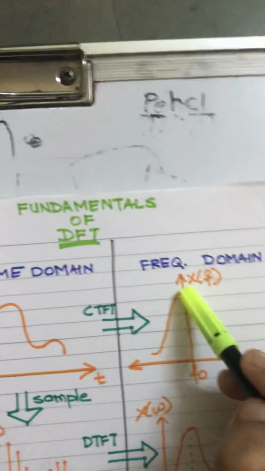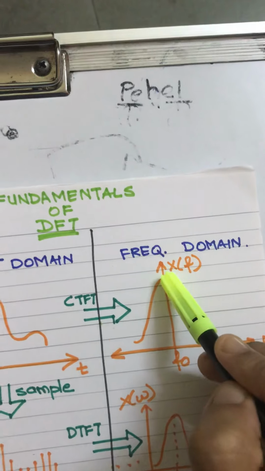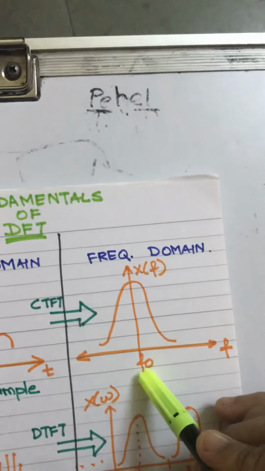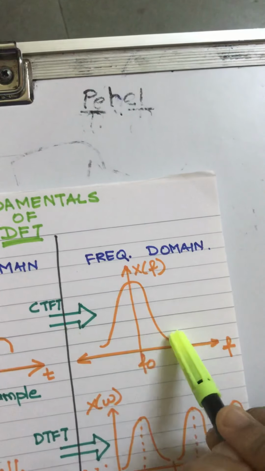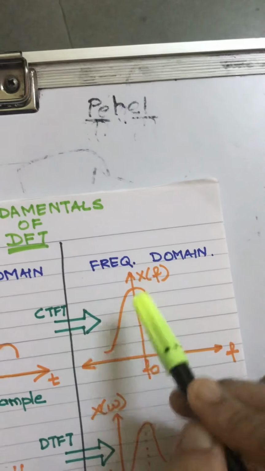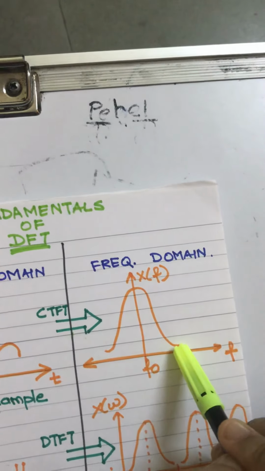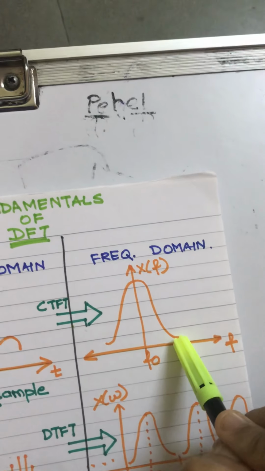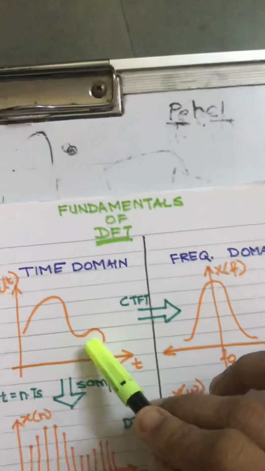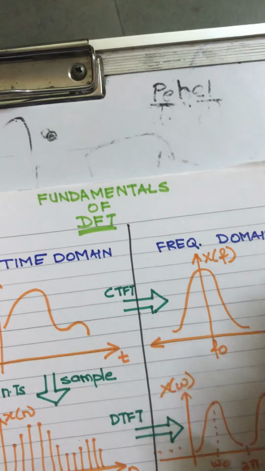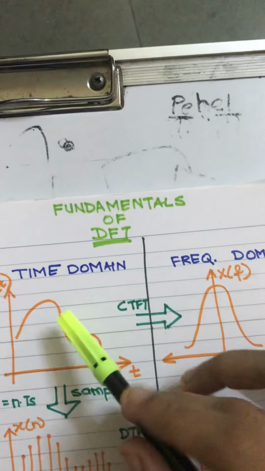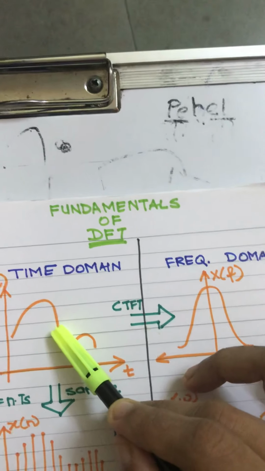So maximum energy is contained in frequency f0. The other gradually declining amplitudes are its harmonics, which are again present in the original signal but whose contribution to the energy of the signal is very less.